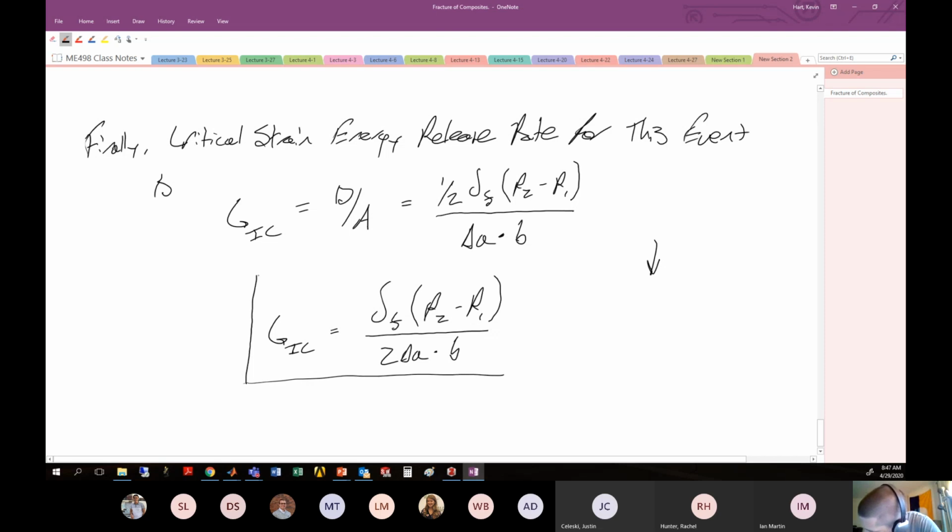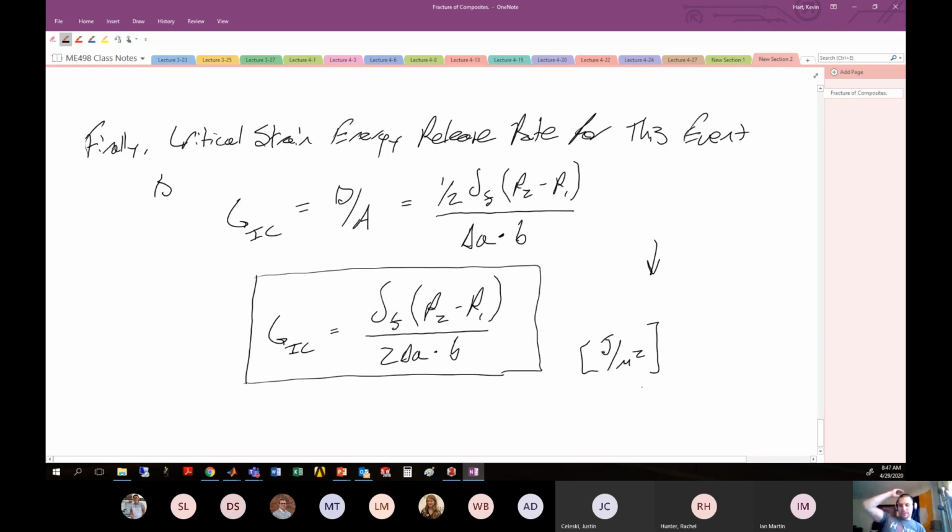That's how we come upon that particular solution to determine the energy associated with that particular fracture. This is in joules per meter squared.